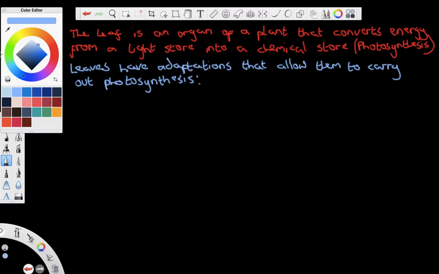So the first one we need to talk about is that they are very, very wide, which increases their surface area to catch maximum sunlight.